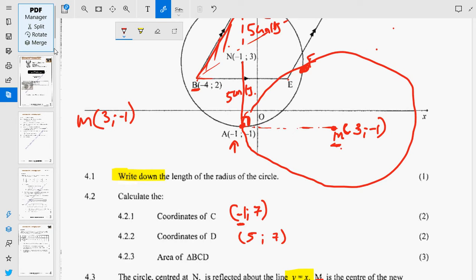This has to be 90 degrees because the y coordinate is the same. And this is also 5 units. Now, remember, sorry, it's not 5 units. It's 4 units. The radius was 4 units.